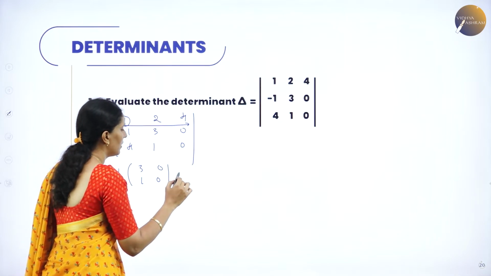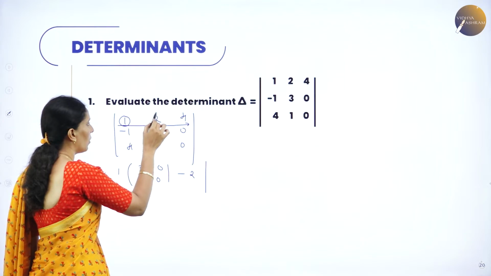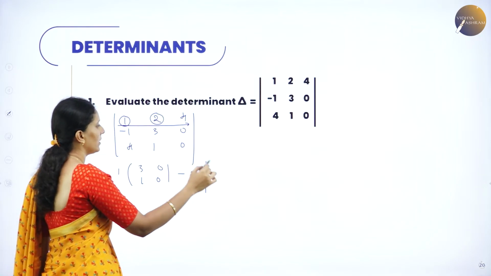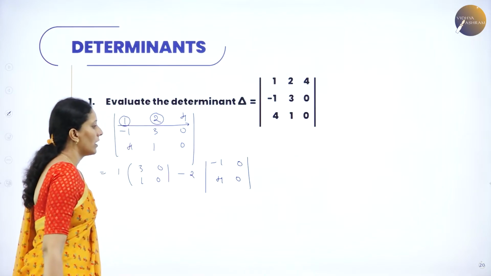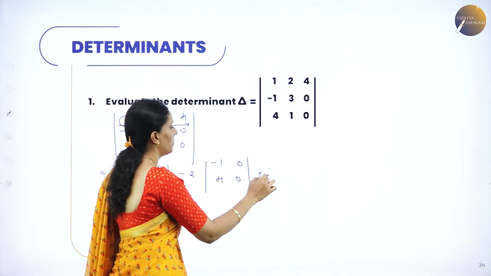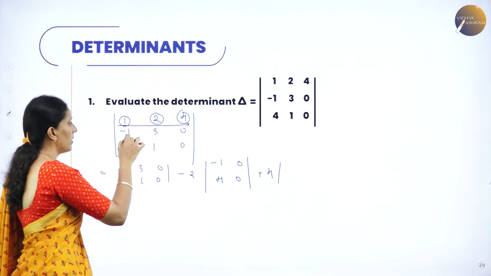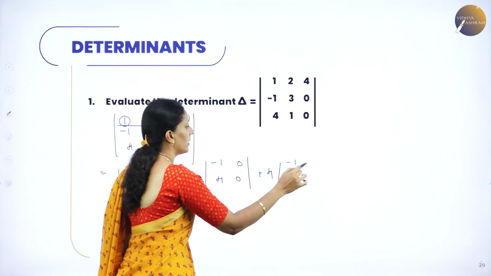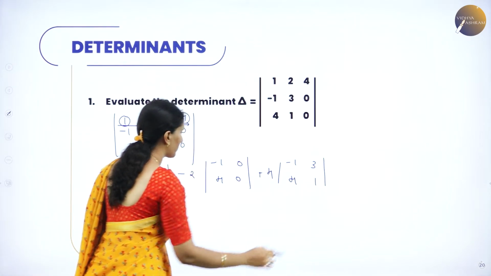Next we have minus 2, because the second sign is minus. Delete the row and column containing 2, so we get minus 1, 0, 4, 0. Next we have plus 4. Delete the row and the column. We have minus 1, 3, and 4, 1.